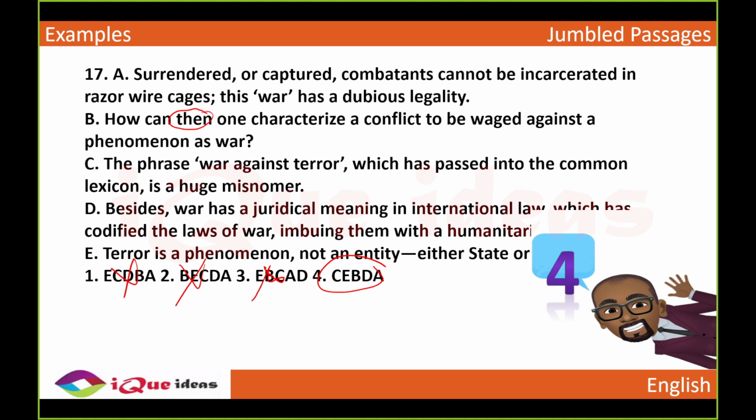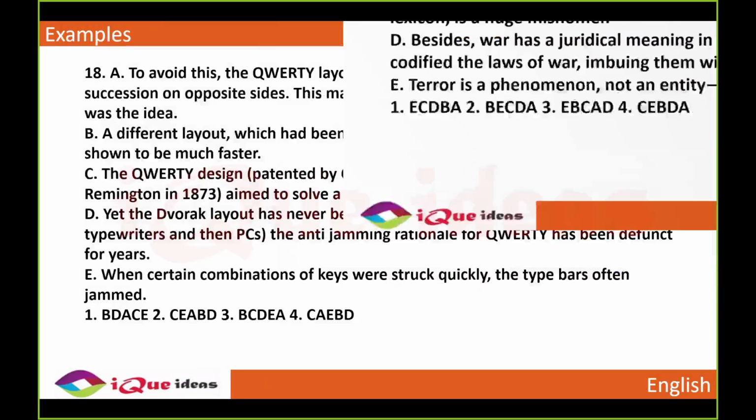The passage explains why using the sentence war against terror is technically wrong. Read CEBDA and you will get that sense. Correct. Moving forward.